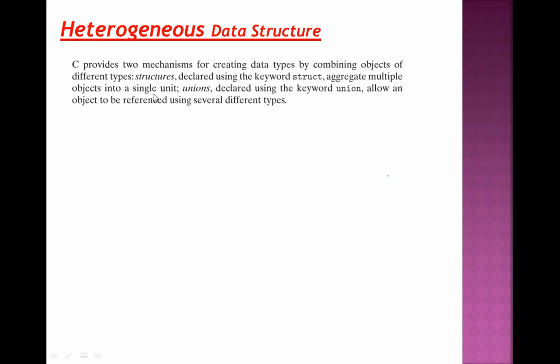Aggregate multiple objects into a single unit, means combining multiple items into a single unit, that is union, declared using the keyword union. It allows an object to be referenced using several different types. So there are two mechanisms for using heterogeneous data structures, that is structures and unions.